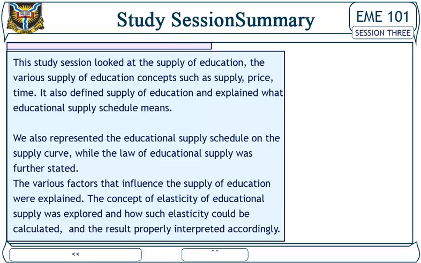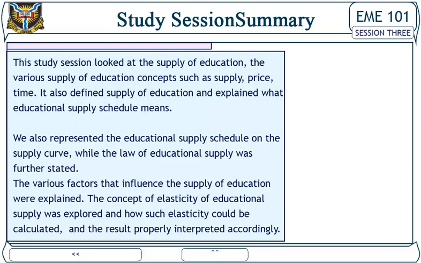Study session summary. This study session looked at the supply of education, the various supply of education concepts, such as supply, price, time. It also defined supply of education and explained what educational supply schedule means. We also represented the educational supply schedule on the supply curve, while the law of educational supply was further stated.